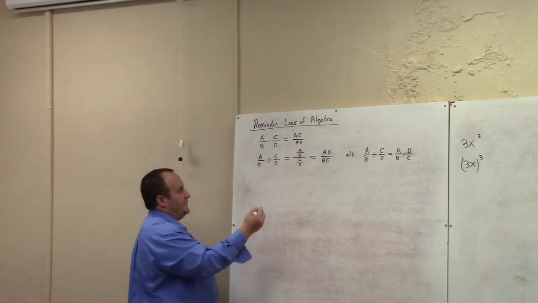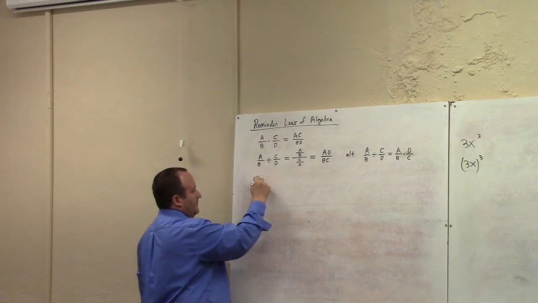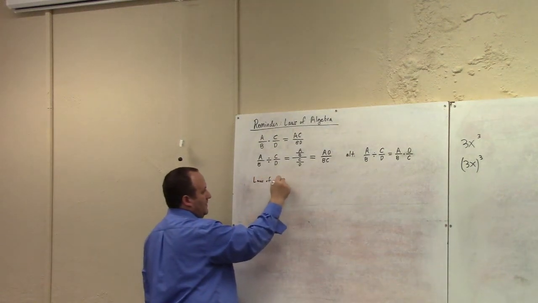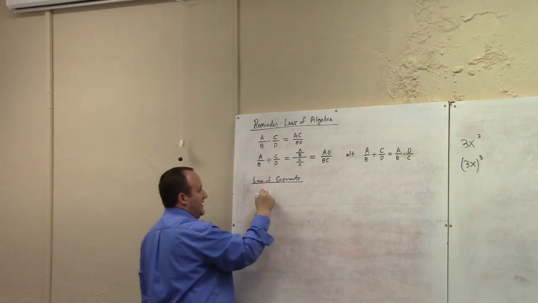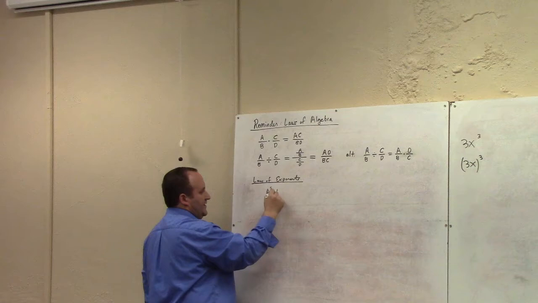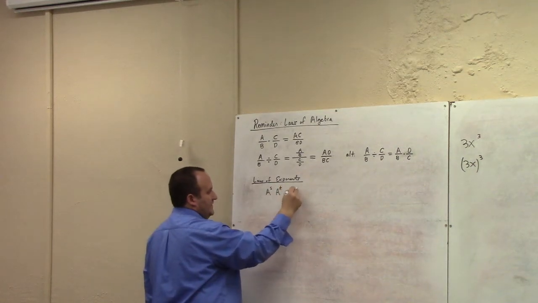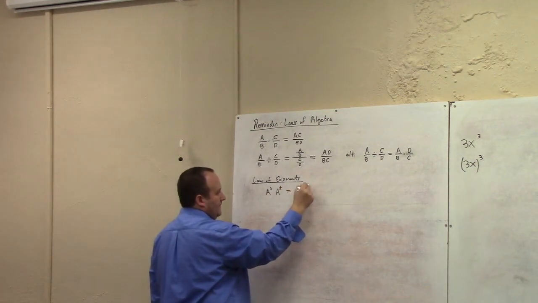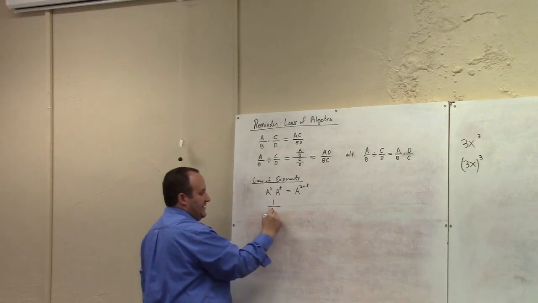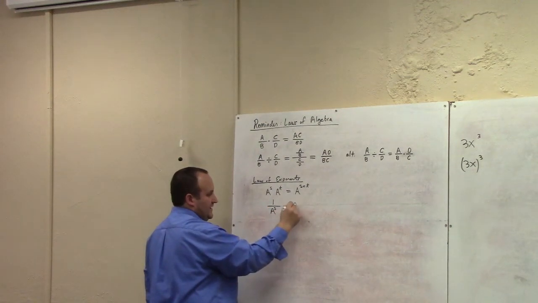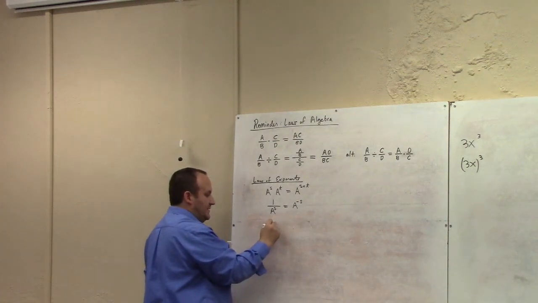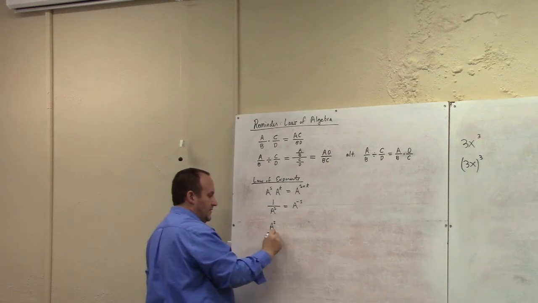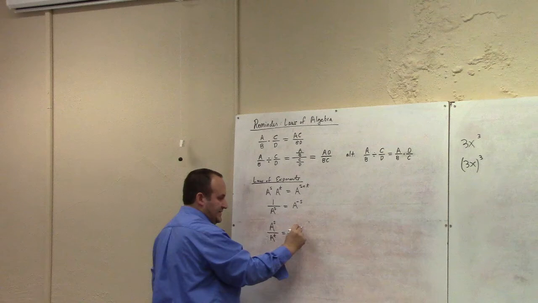We also have laws of exponents, right? And how do those go? They still matter, right? So like a to the s times a to the t is a to the s plus t. 1 over a to the s is equal to a to the minus s. A to the s over a to the t is equal to a to the s minus t, right?